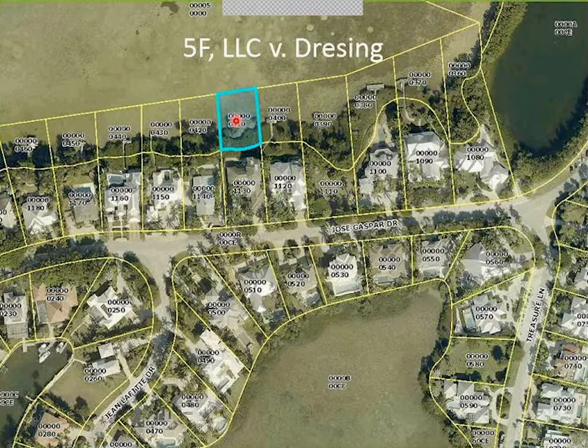If it was a natural water body, distinguishing from Publics and the other cases about artificial canals, it doesn't matter if 5F owned it, it doesn't matter if the trustees of the Internal Improvement Trust Fund owned it, it doesn't matter if anyone in this room or on the phone owned it. The Dressings had riparian rights that gave them rights across another private party's land.